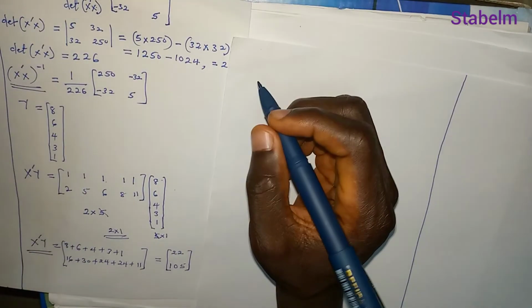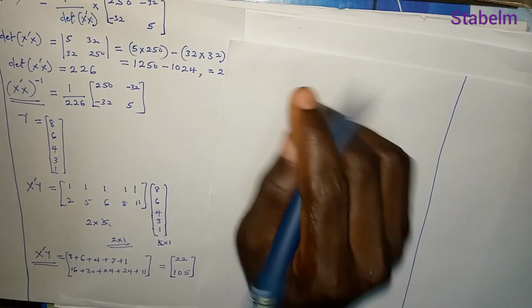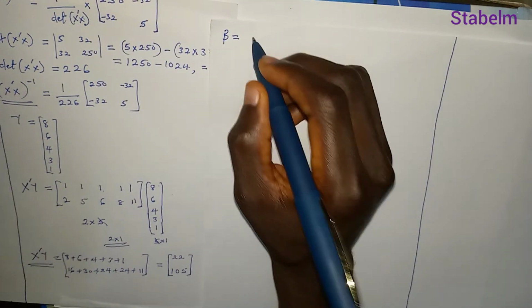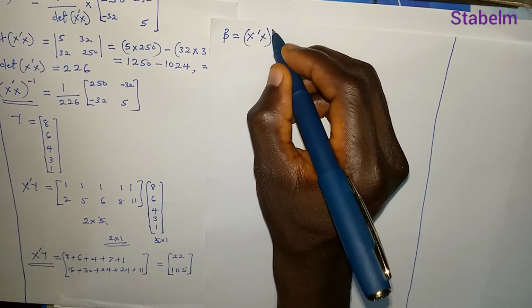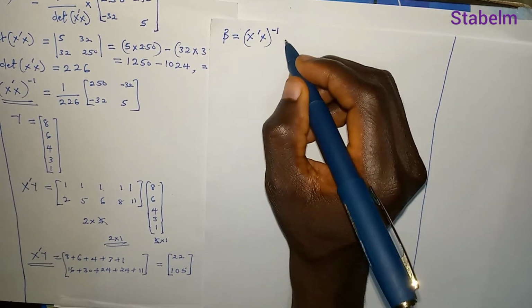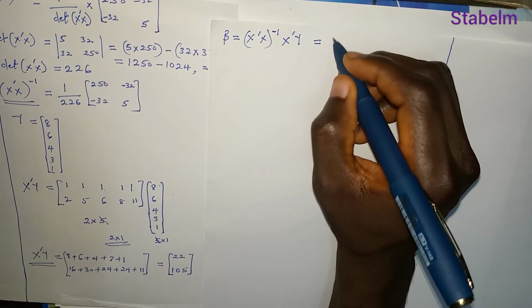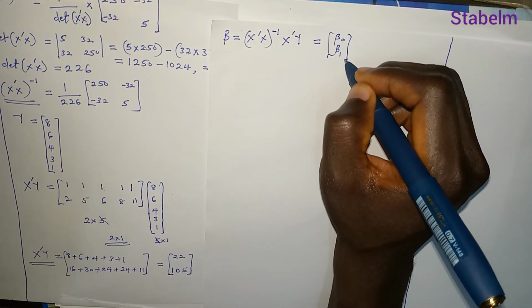Alright, now it says beta equals X prime X inverse multiplied by X prime Y, equals beta naught, beta 1.